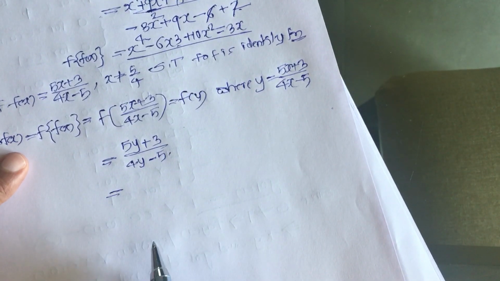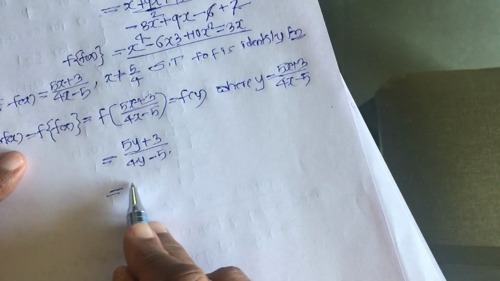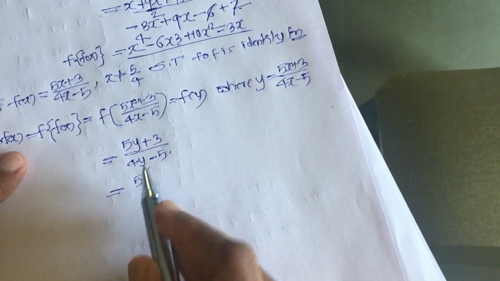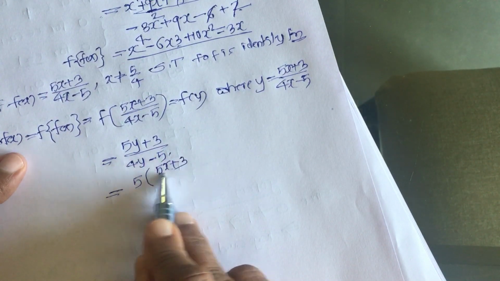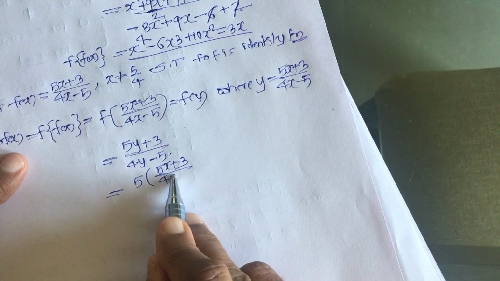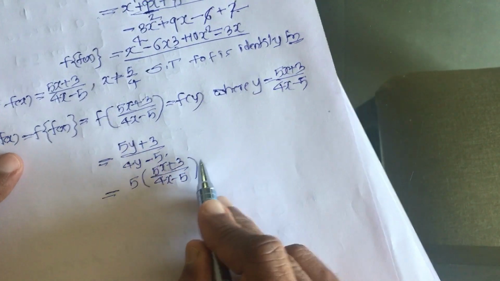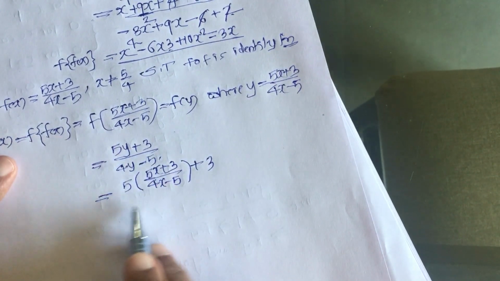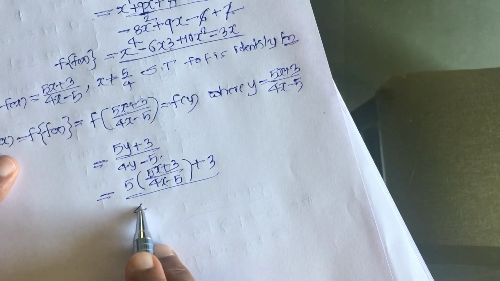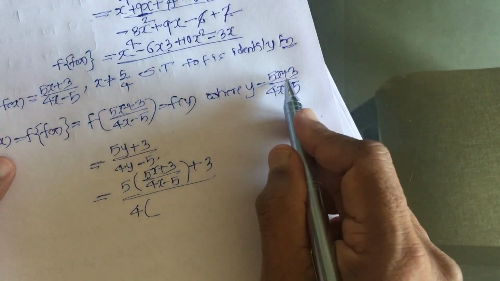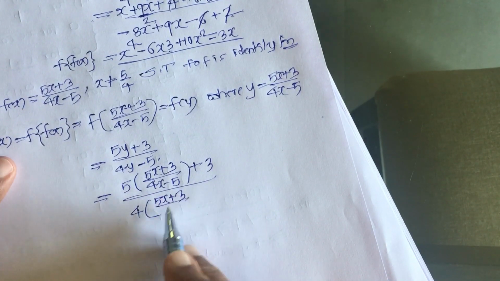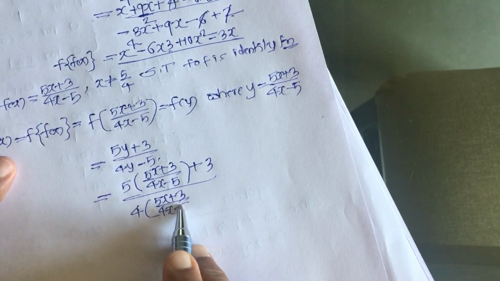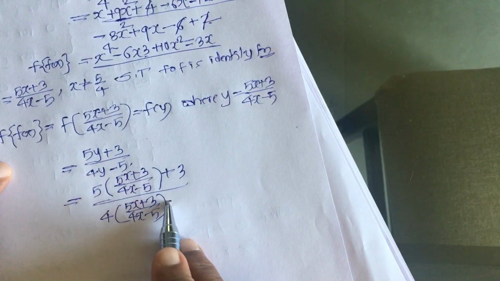This equals, I put the value of y, which is 5 into 5x plus 3 divided by 4x minus 5, plus 3, divided by 4 into 5x plus 3 divided by 4x minus 5, minus 5.